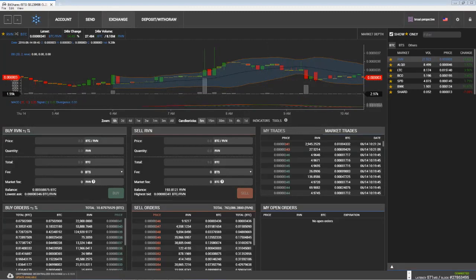If you have any open orders, it'll show your own personal orders in this panel right here. If you want to sell some of your altcoin, you fill out all the information in this panel here. If you want to buy it, you fill out the information over on the buy side. If you want to take an order, you look down there for buy orders, over here in the red for sell orders.